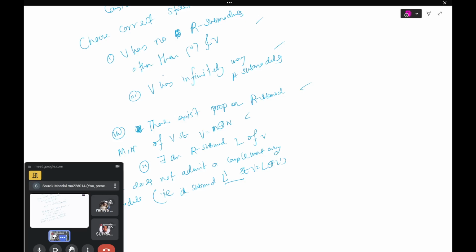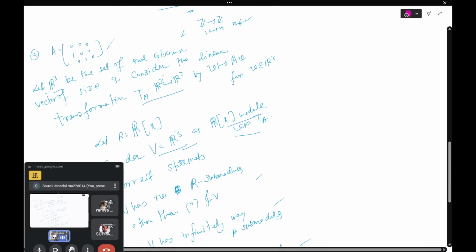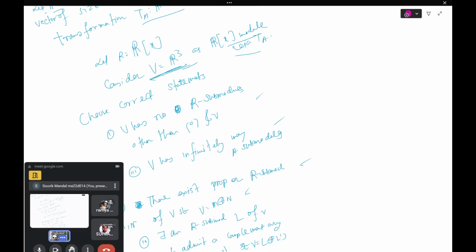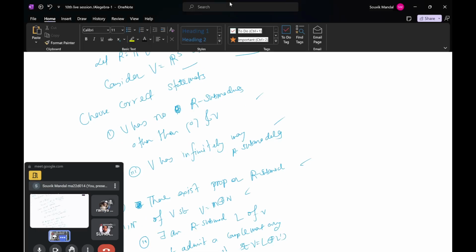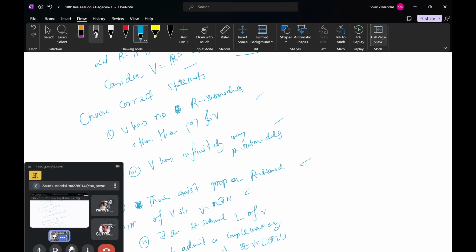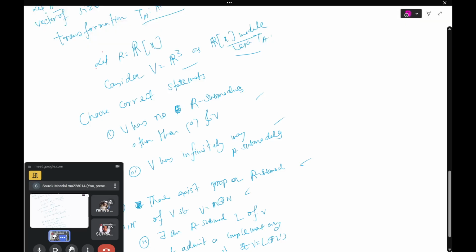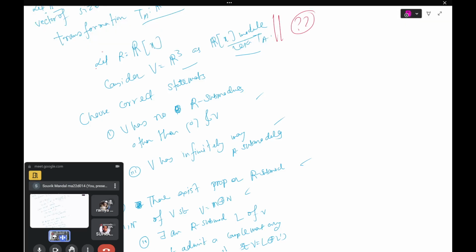So first, tell me what it means to consider R3 as an R[x]-module via T. Anybody?